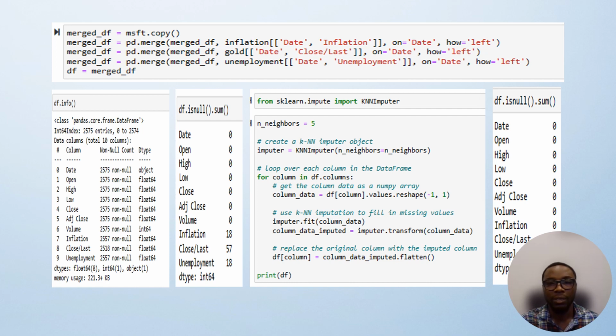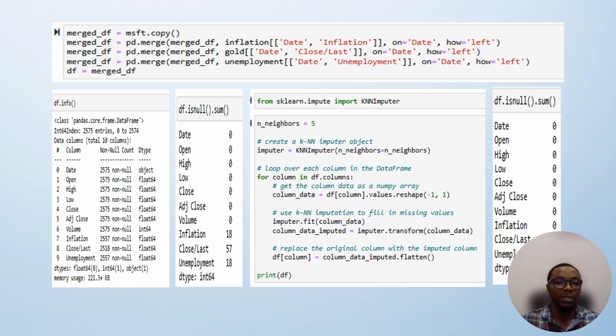Then we left join each column: the inflation, the close last, which is the necessary column or attribute needed from the gold price. And for the unemployment rate, we're going to take the unemployment rate column.